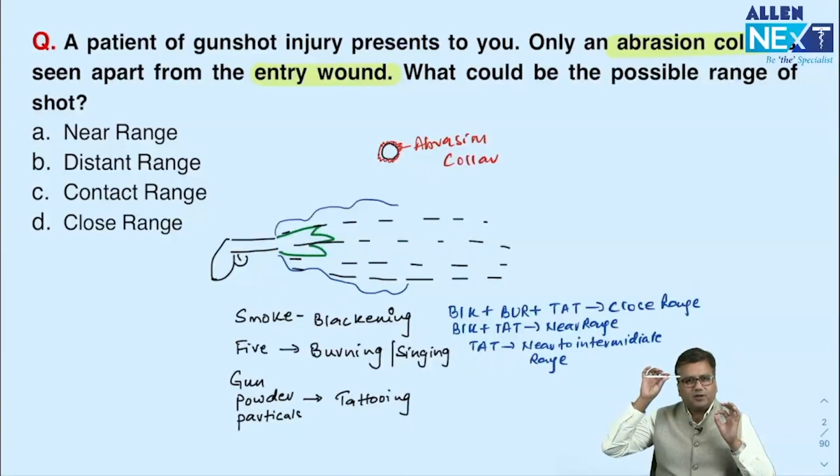And if the person is in contact with the weapon, then a muzzle impression mark may be seen around the entry wound also. So it could not be contact range because no such finding has been given to us.